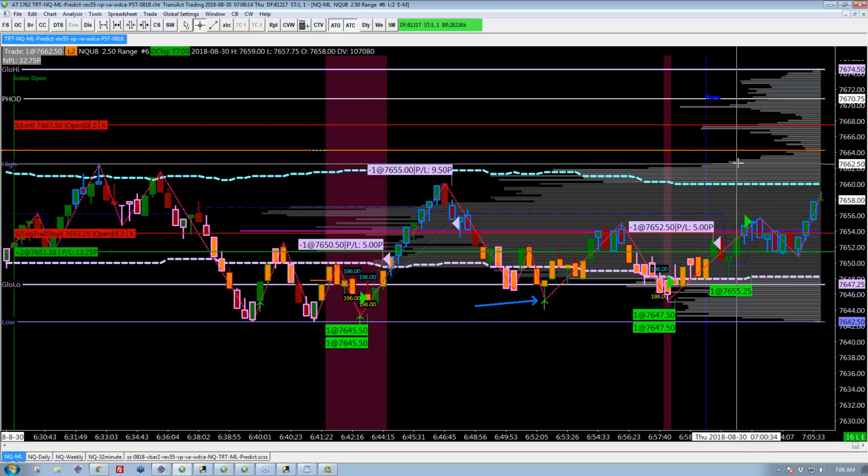And there's actually a fair amount to get through there. So the value area high, the session high, and then there's a low volume node there. You would either expect to blow through that or bounce off of it.